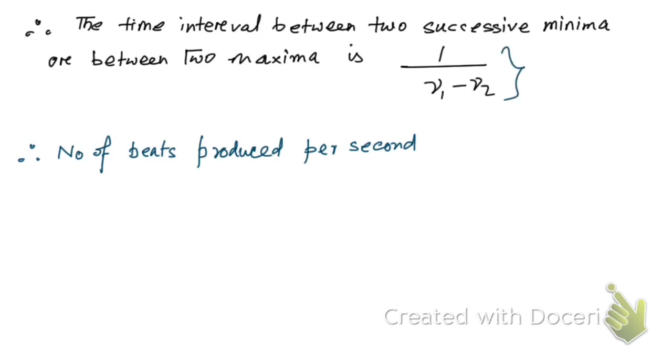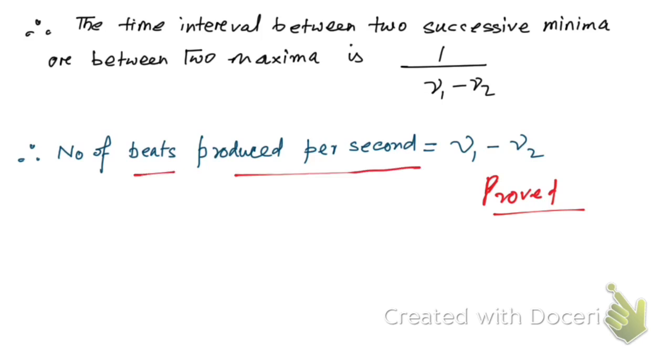That is going to be nu1 minus nu2, which is the difference in frequency. So that is what we needed to prove: the number of beats produced per second is equal to the difference between the frequencies of the two waves.